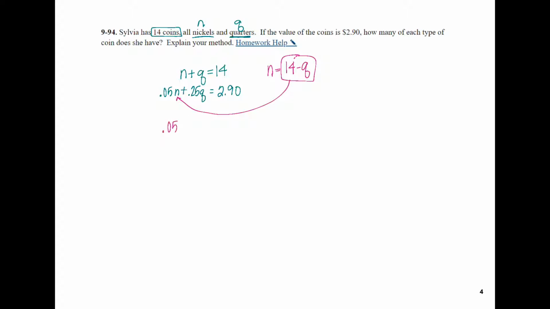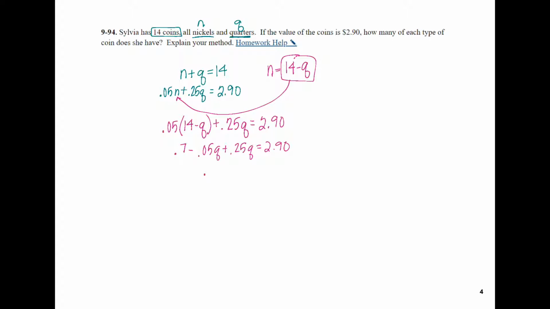So 0.05 times 14 minus Q gives me a new equation with one variable, so I can solve for how many quarters we have. Use the distributive property, so distribute 0.05, so we get 0.7 minus 0.05Q plus 0.25Q equals 2.90.